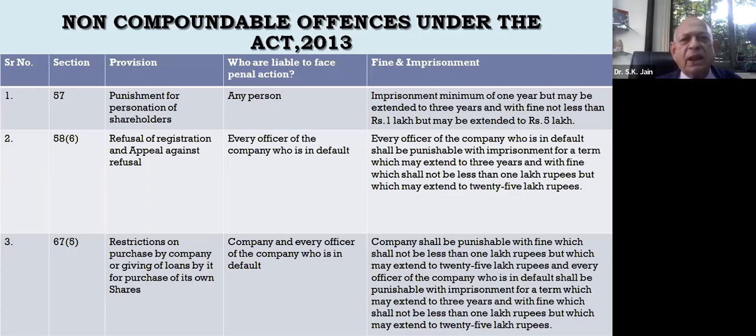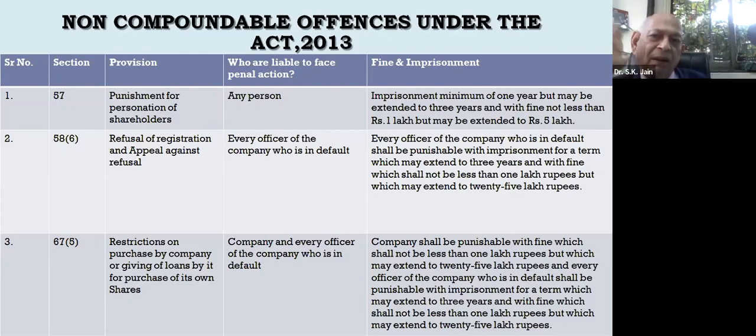What is the fine and imprisonment? Imprisonment of a minimum of 1 year, but which may extend to 3 years, and with fine not less than 1 lakh, but which may extend to rupees 5 lakhs.